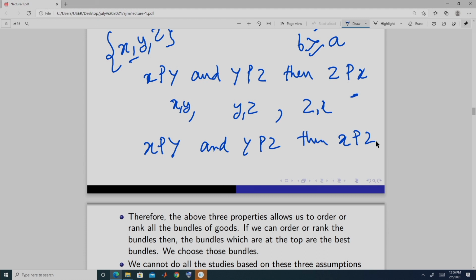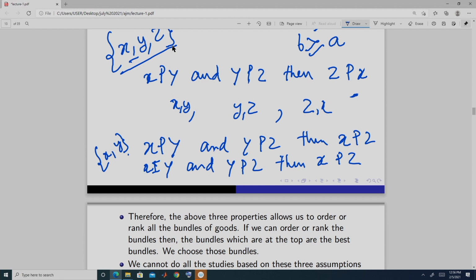Instead suppose we are given that x is indifferent to y and y is preferred over z. Then we know x is preferred over z and y is also preferred over z, and I am indifferent between x and y. So I will be indifferent between choosing x and y from this set, so I will have two best bundles, but in the earlier situation I will have only one best bundle, and that is x.